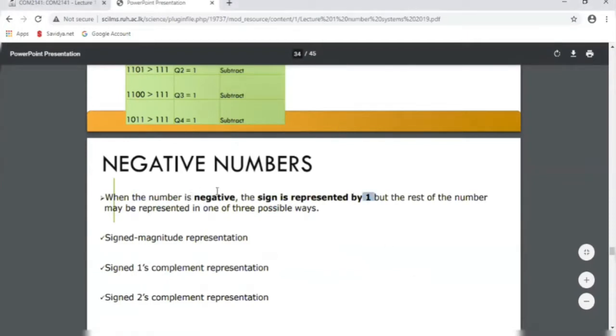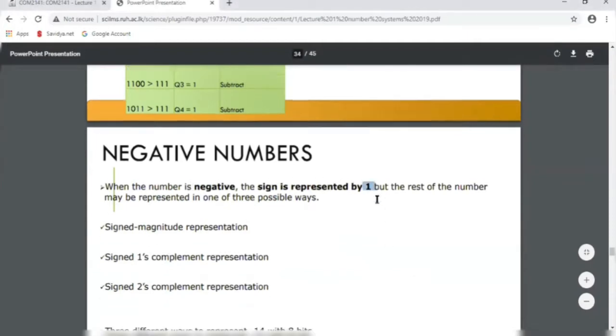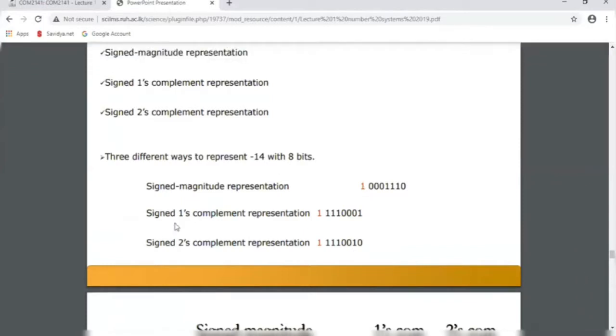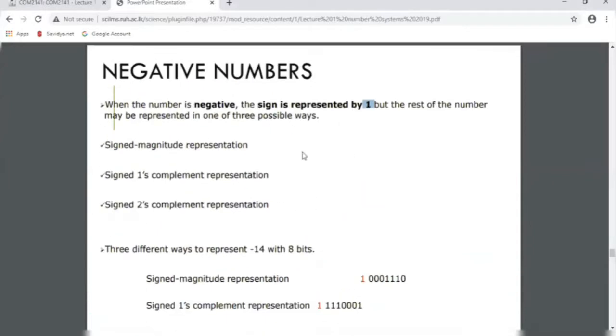If it's a positive number, the sign is represented by 0. So if 1 is there, there's no value represented by 1 other than the sign. Okay, so that's why we call it sign magnitude. So if it's 1, it represents a negative number. If it's 0, it represents a positive number.